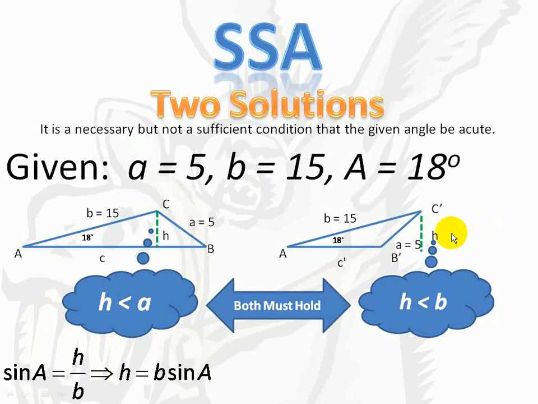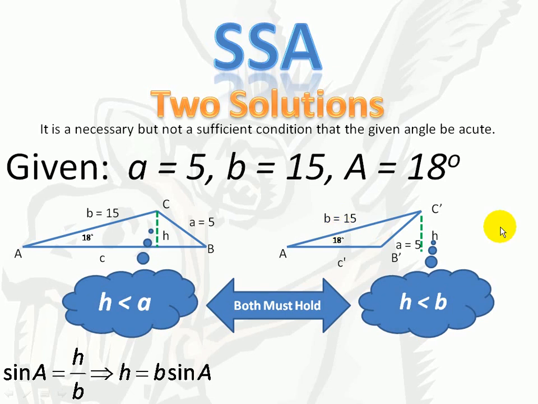Now let's take a look here. Notice this. Obviously, sine A is equal to H over B because a little right triangle is formed here, and a right triangle is formed here, H over B. Multiply both sides by B, and you get that H equals B sine A. So look, here's what we want to conclude from this.